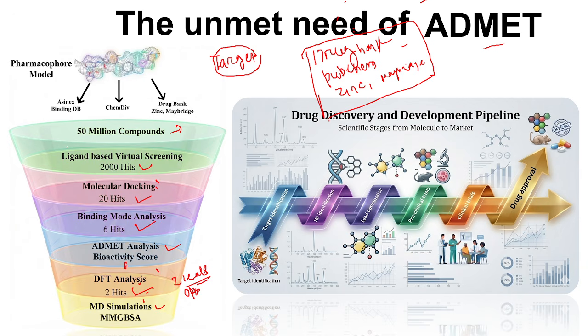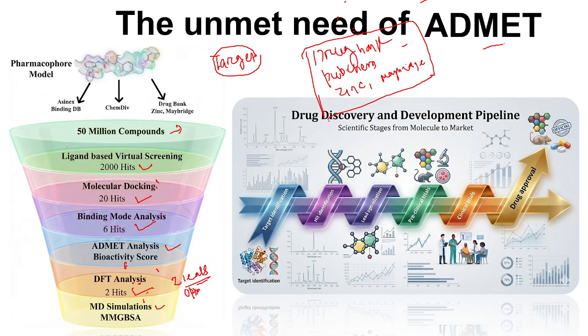After that, we perform molecular docking, and the drugs with less binding affinity get removed. We screen from hundreds of molecules to 20 molecules, because we have removed all those compounds having less binding affinity.